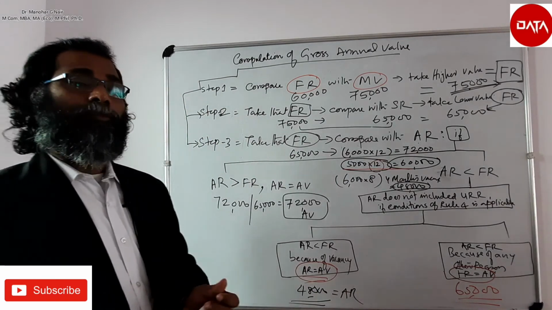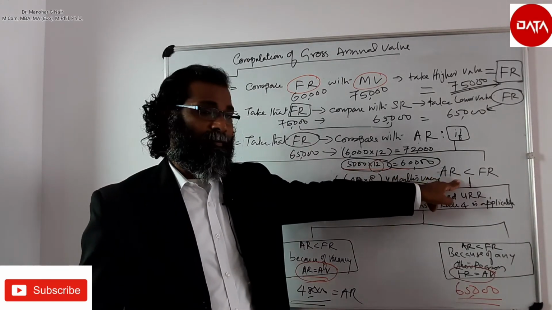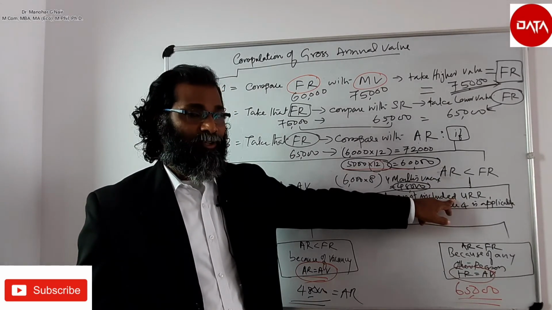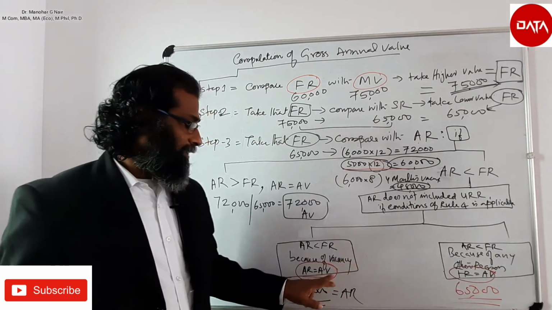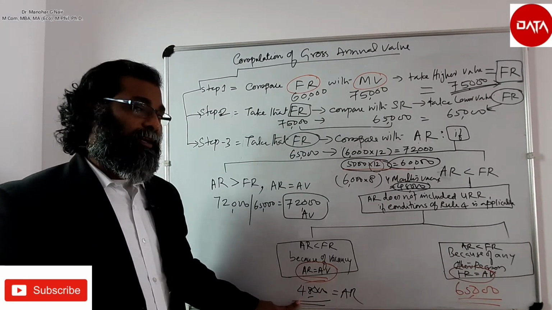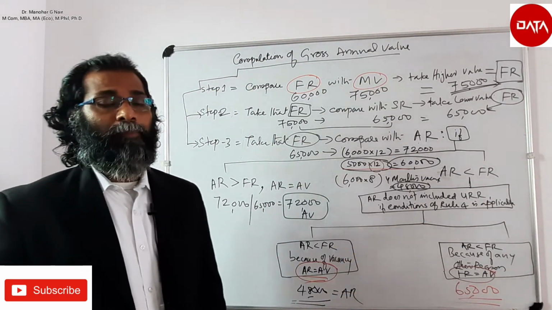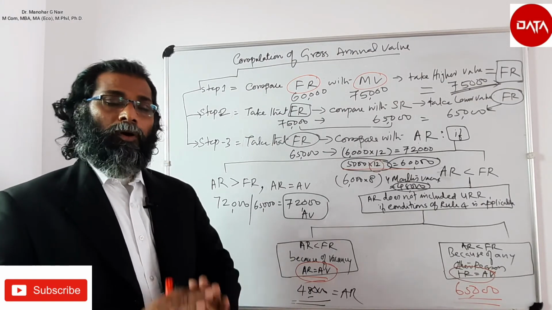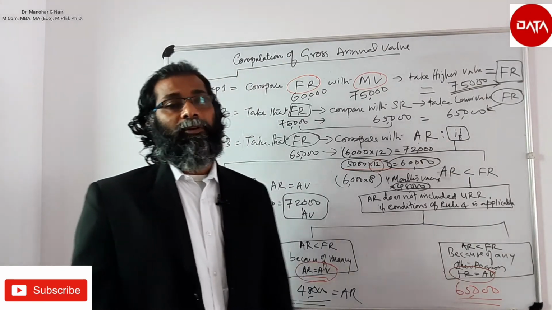So dear friends, I would repeat once again, if the actual rent is less than fair rent, unrealized rent is not included in the actual rent, and rule 4 is applicable. If it is because of the vacancy, then the actual rent, that is the lower value, is equal to the annual value. If it is because of any other reason, rule 4 cannot be applicable, and if it is let out for a lower rent, in all those scenarios the fair rent, that is the higher value, will be the annual value.